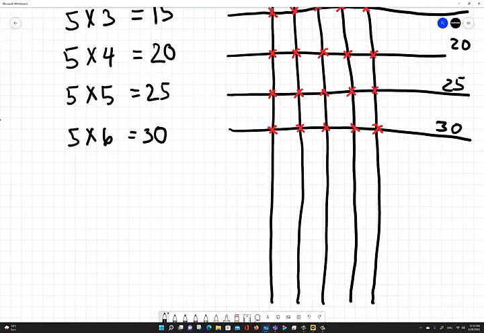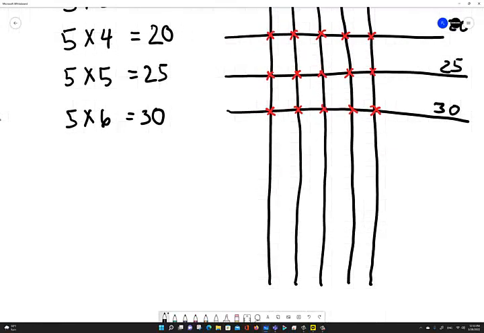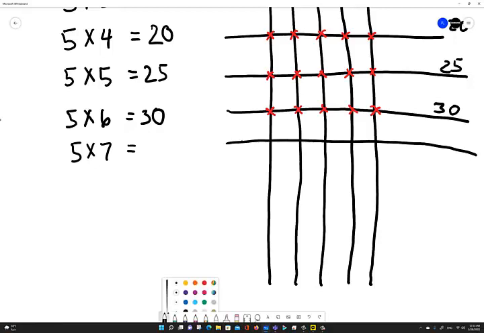And let's count to 5 times 7. What is 5 times 7? Let's draw a line here, okay? And let's draw a red one. All right, that's 30. What is the next number? 35.